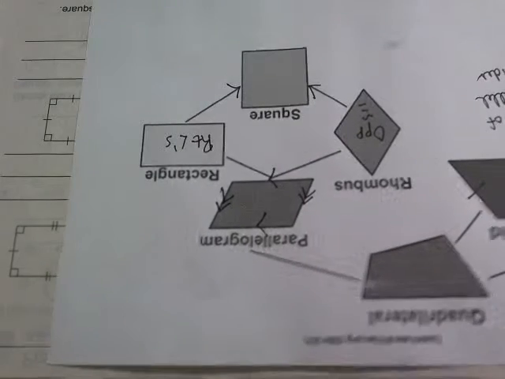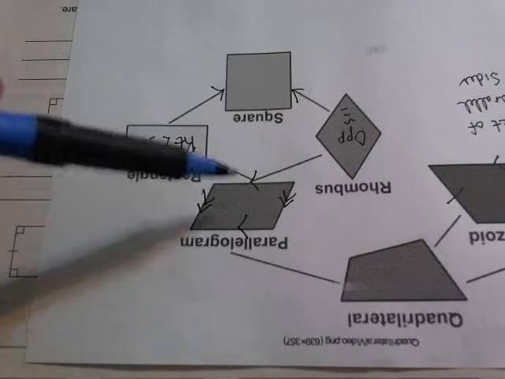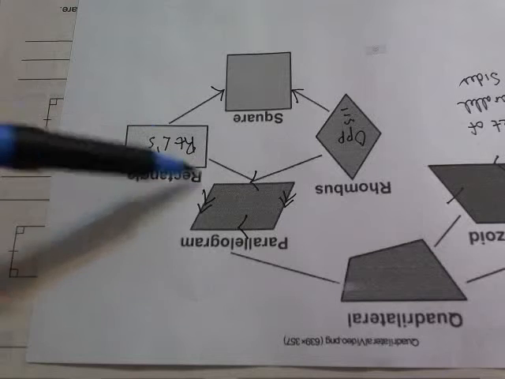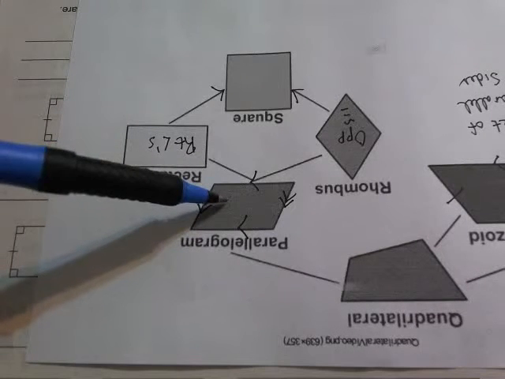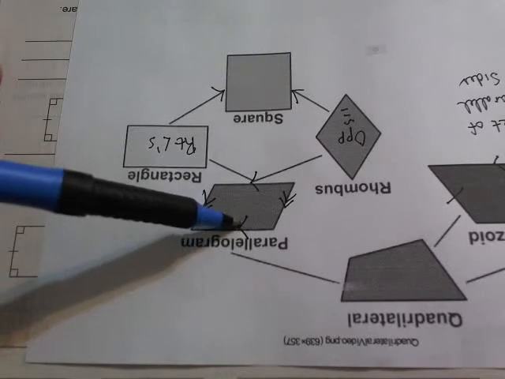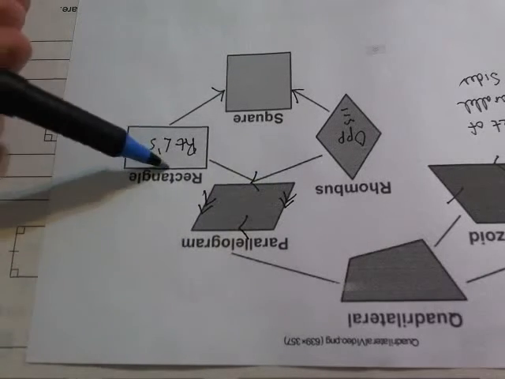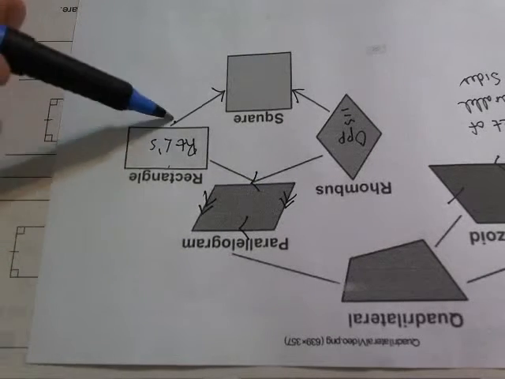Now they're asking me again to give the names that apply to the quadrilateral. Well, obviously we can see from the right angles and from just our knowledge of basic shapes that that does look to be like a rectangle. So if we look over here at the quadrilateral image map, that means this shape also has to be a parallelogram, because the only way to get to rectangle is to go through being a parallelogram. Parallelogram just has opposite sides congruent and parallel. And indeed in a rectangle, these two sides are congruent and parallel.